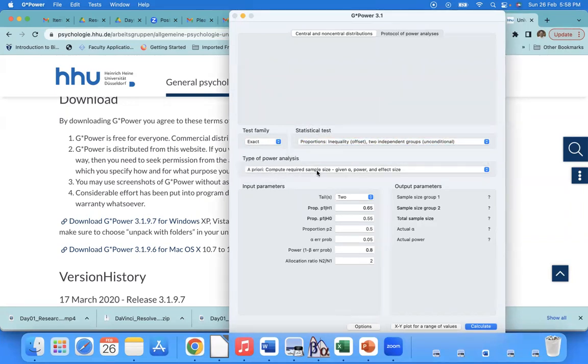Then you need a sample size, right? So you can look for the proportion in group 1 and the proportion in group 2.